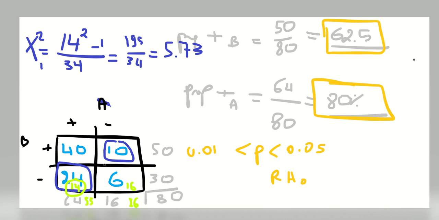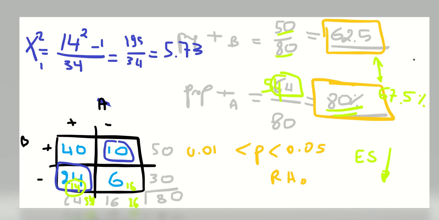Well, what that is doing is making your effect size smaller, because these 50 over 80 don't change, but instead of having 64 over 80 we will have 54 over 80. Okay, so when we have 54 over 80, this is no longer 80%, it becomes 67.5%, meaning that the difference between the two values gets smaller. That is, your effect size got smaller.